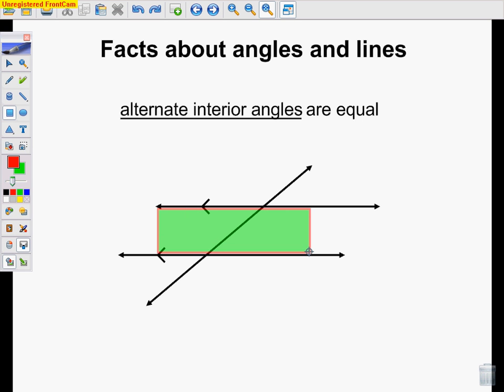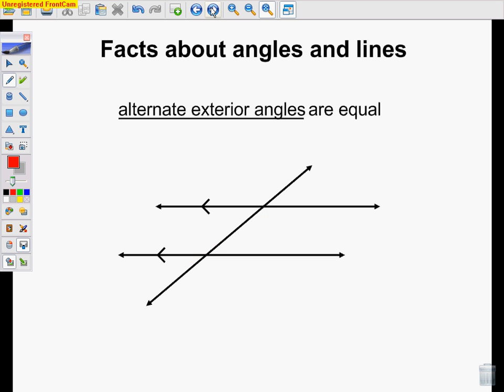So they have to be on the opposite sides of the transversal and on the interior. So for example, alternate interior would be like this angle and this angle. Those measures would be equal. Or even this angle here and this angle here. Those measures would be equal.